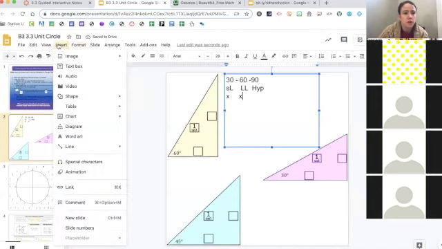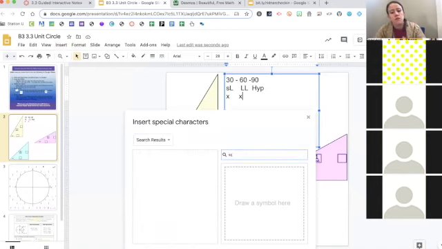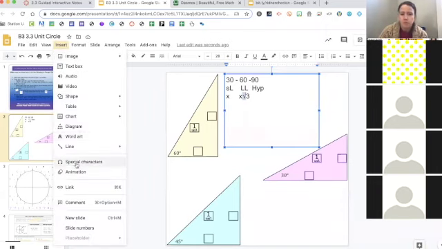I go to insert, special characters, and then I type in the search bar square root. So anytime, if you've noticed on any of those guided notes, I've had you copy and paste those symbols. That's where I get it from. From here on out, every time I do a square root, I will probably just copy and paste that square root, but the first time I grab it from special characters.